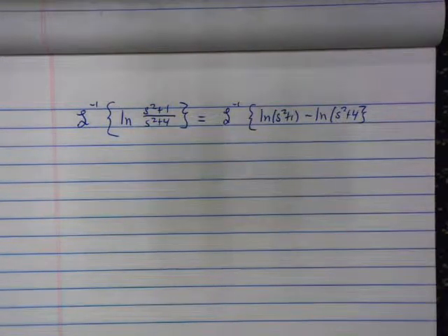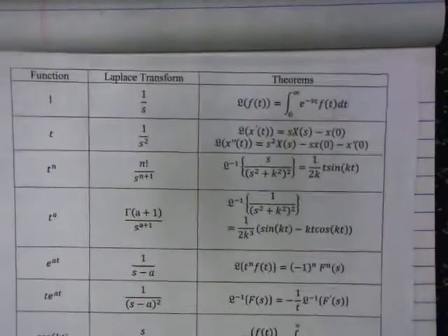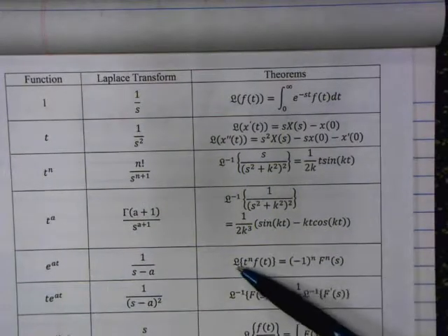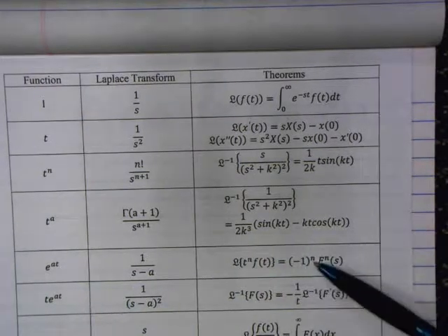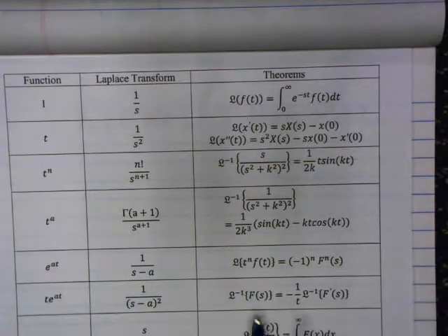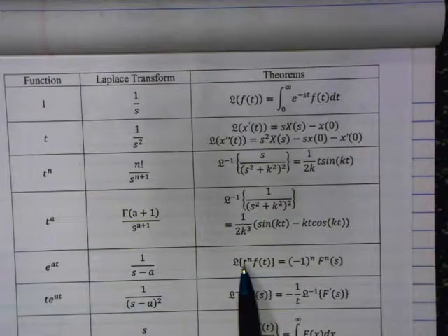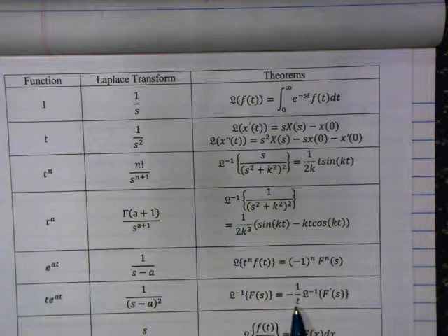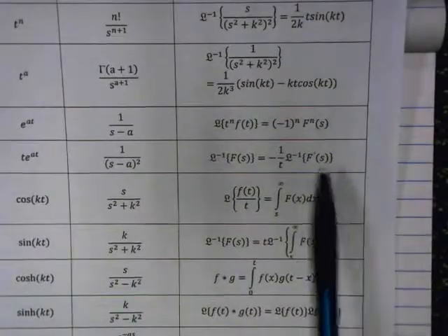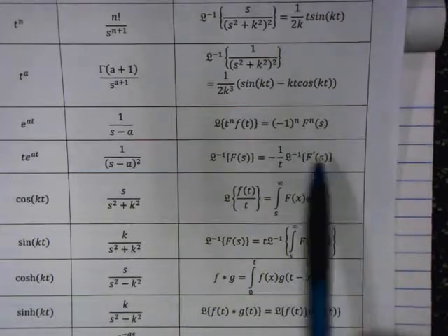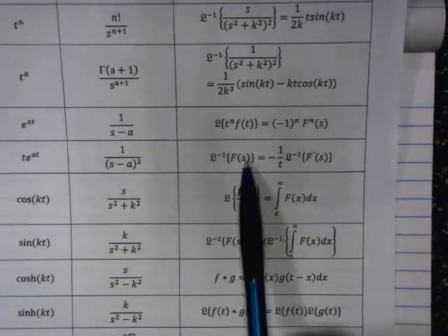All right. Well, here's what we're going to do. We had this theorem that said if we want the Laplace transform of t to a power times f of t, we're going to use it in reverse, which says if you want to do the inverse Laplace transform, instead of multiplying by a t, you divide by a t, and then you take the derivative of whatever you started with.